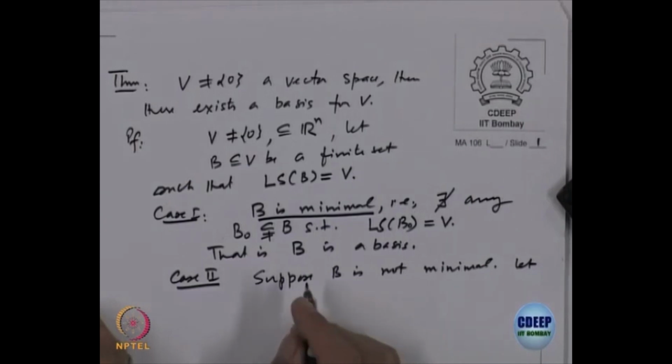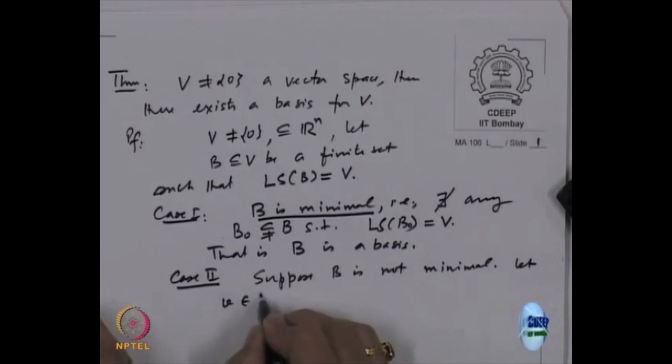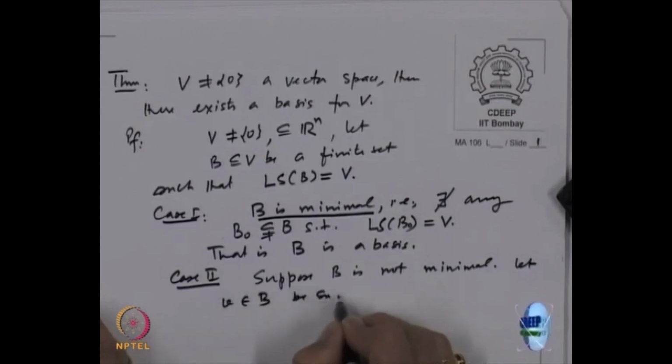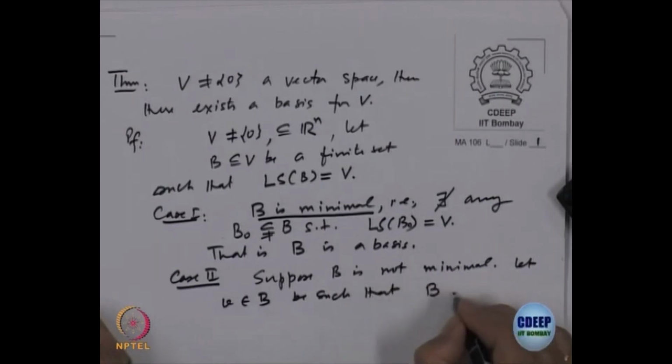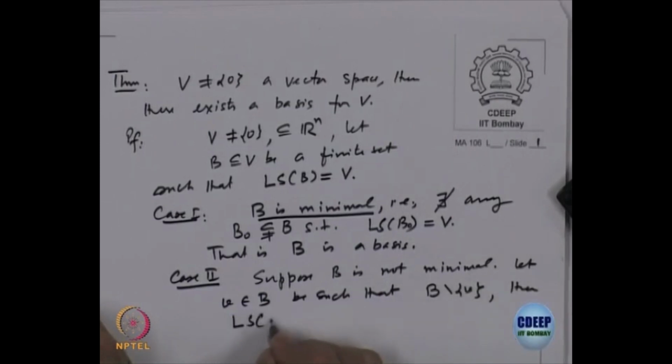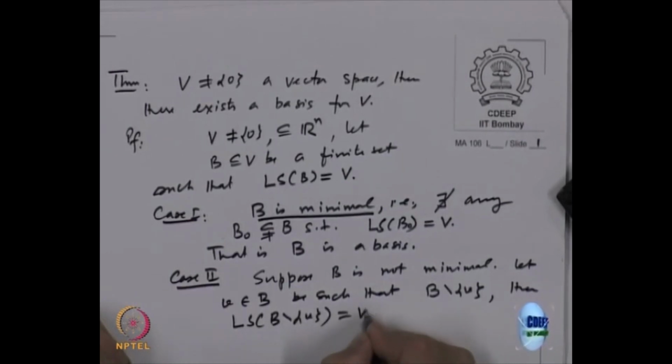If it is not minimal, that means at least there is one vector which we can remove. So, let V belong to B be such that if I take the set B and remove from it V, then the linear span of B minus V will be equal to V. Right.